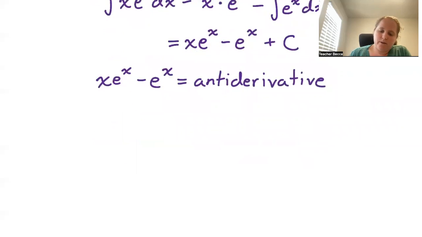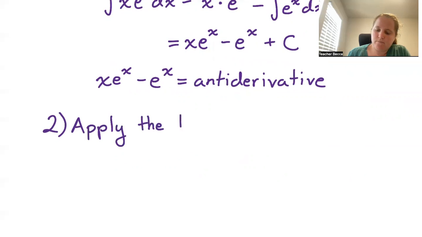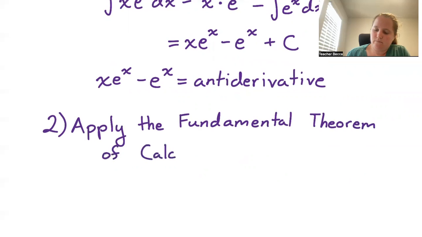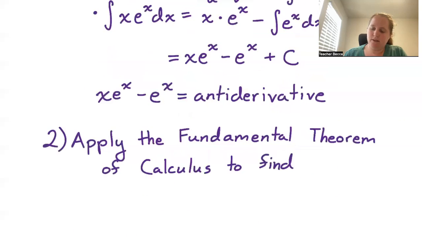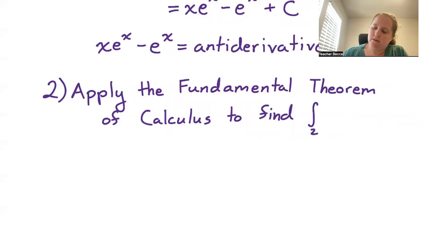Next up, we're going to apply the fundamental theorem of calculus to find the definite integral. So the definite integral we were looking for was the definite integral from 2 to 3 of x e to the x dx.